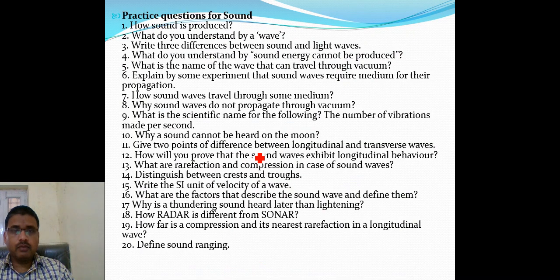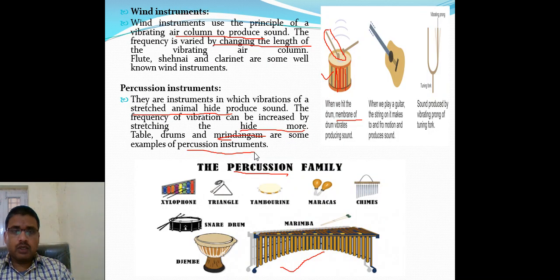Now it is all about your whole sound chapter. Now, all the things I have discussed here, again I want to summarize all the related topics by which you can have a better understanding of what you have to do in this chapter. First of all, you have to understand what is sound and what are the different properties of sound.